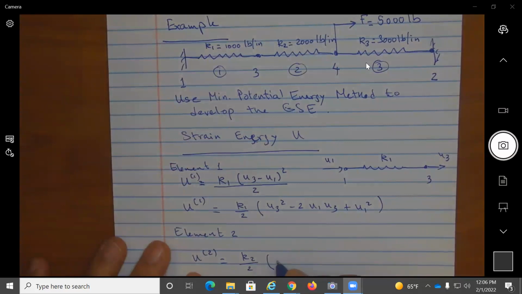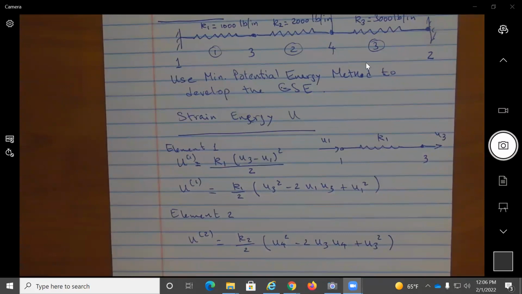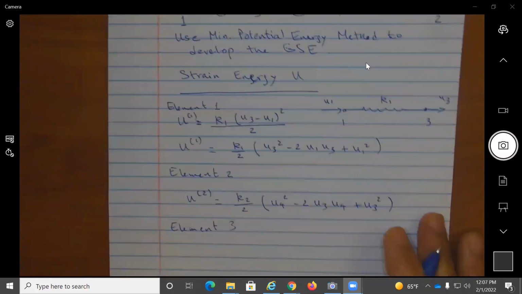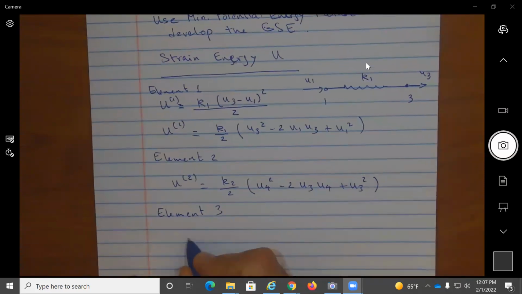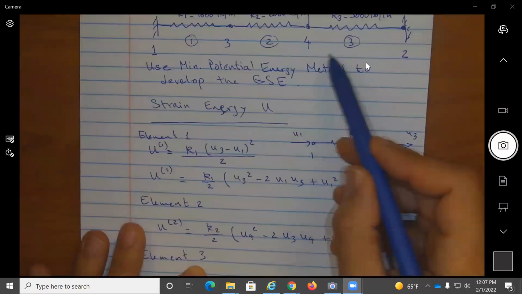So I'm going to go like U4 squared minus 2 U3 U4 plus U3 squared. Likewise, for element 3, I'm going to get a U for element 3 that is equal to K3 over 2. And element 3 extends from 4 to 2.